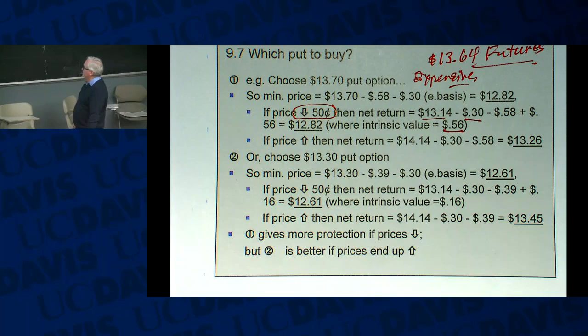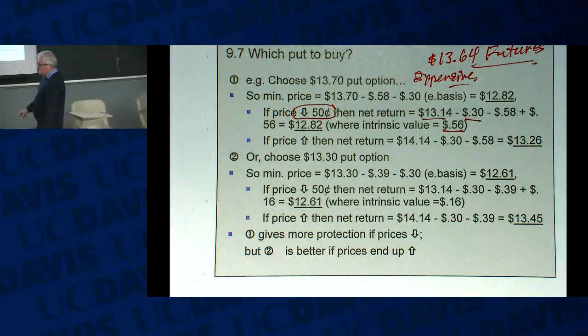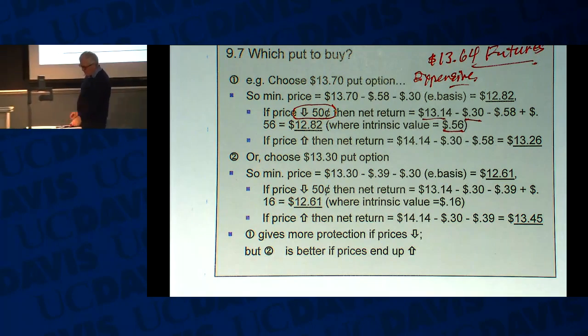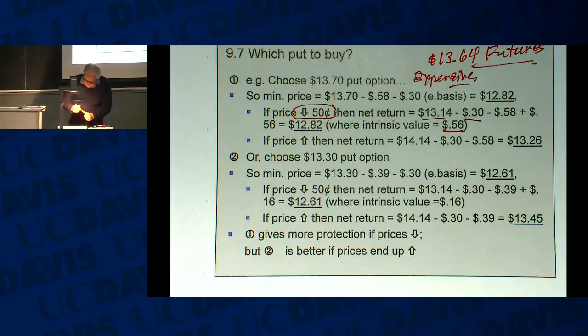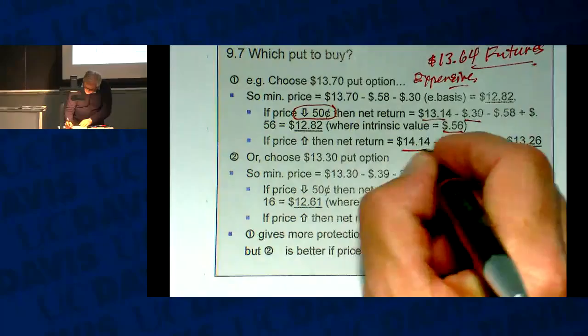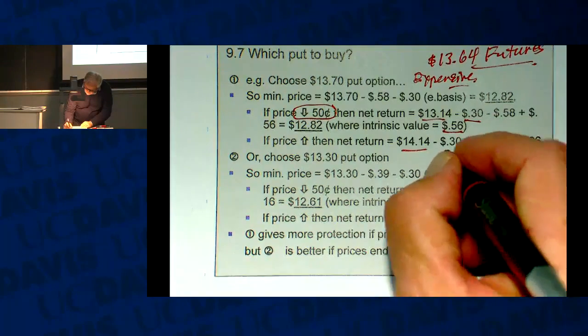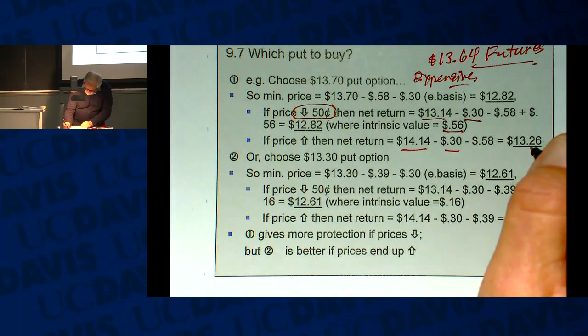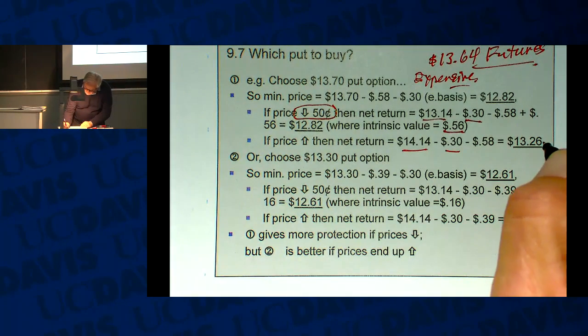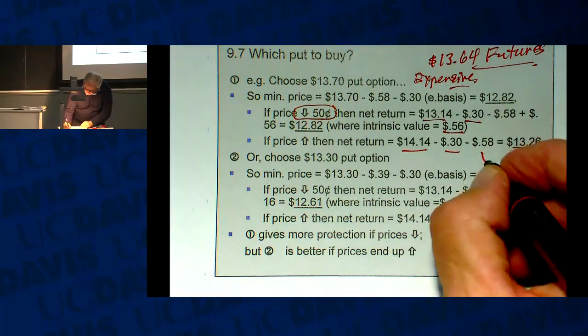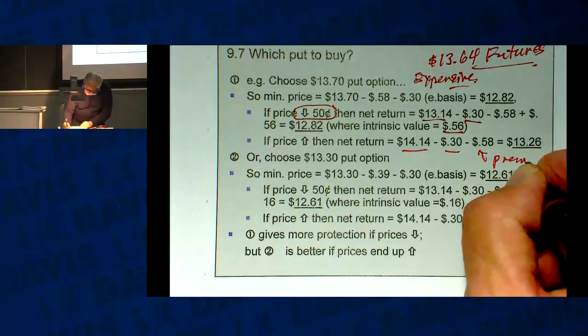If the price increases instead, then the futures goes from $13.64 to $14.14. The basis is 30 cents, and you paid 58 cents, right? That was your premium, remember that.